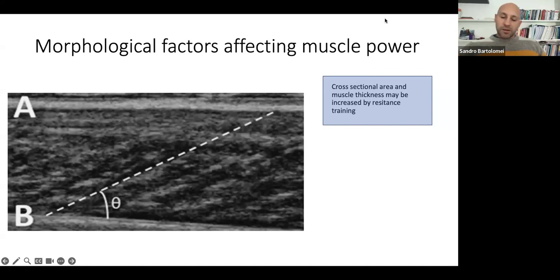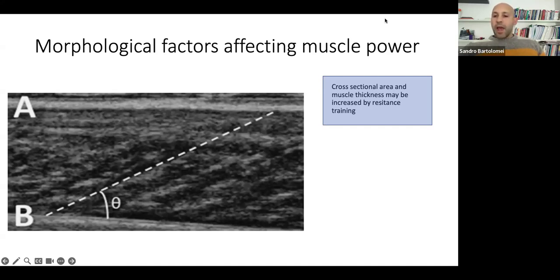However, in some muscles that have a specific organization of the muscle fibers, such as the vastus lateralis, we can measure the pennation angle, so the inclination of the fascicles of the fibers compared to the final direction of the tendon.